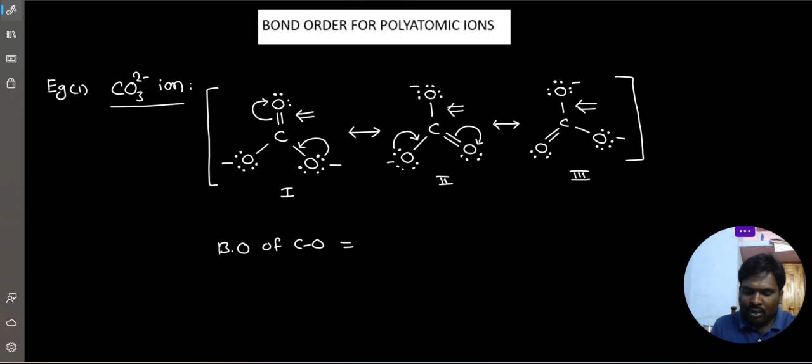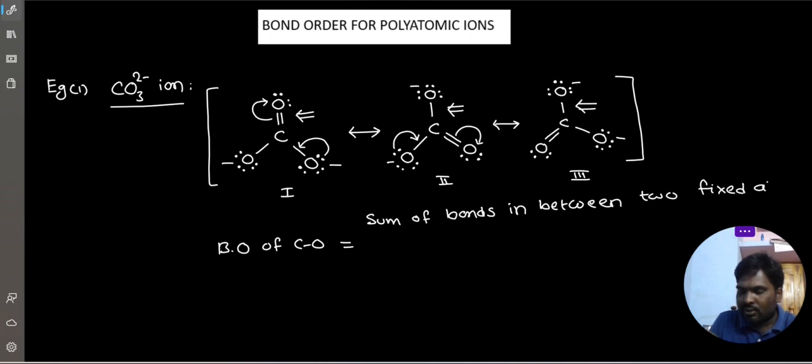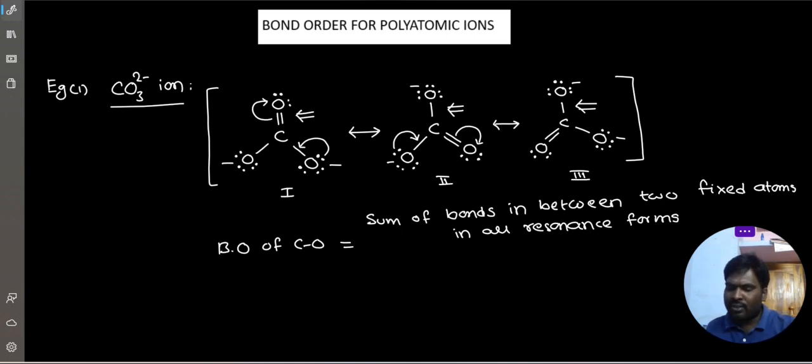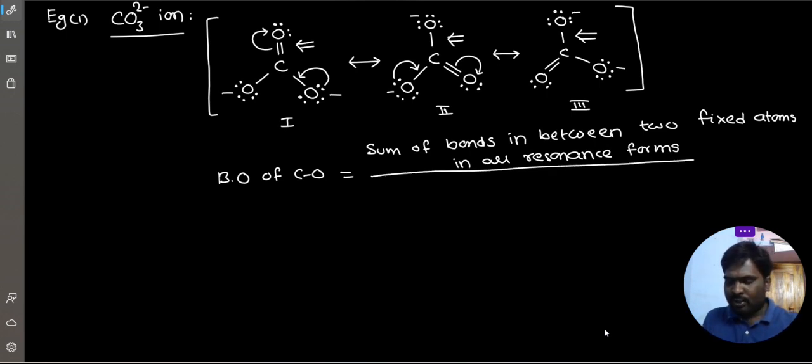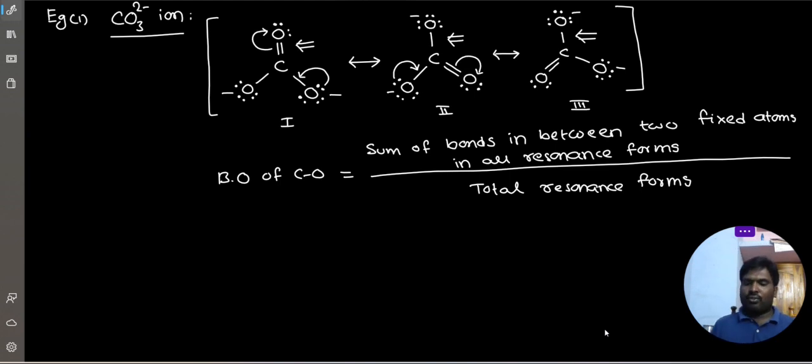The sum of bonds in between the two fixed atoms in all resonance forms, by the total resonance forms. So this is the formula.